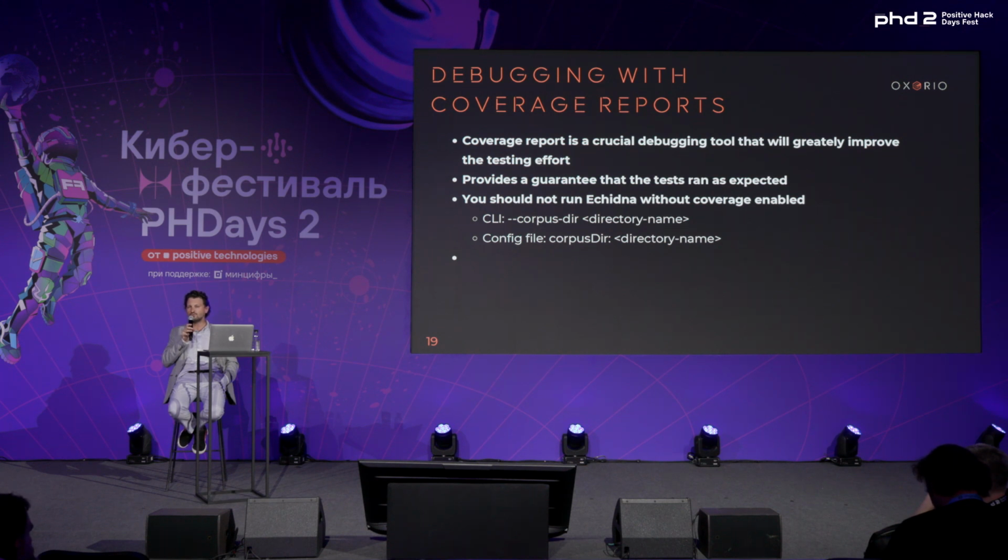After that, echidna will be randomly calling the functions of all of these contracts, however many there are, trying to break those invariants.